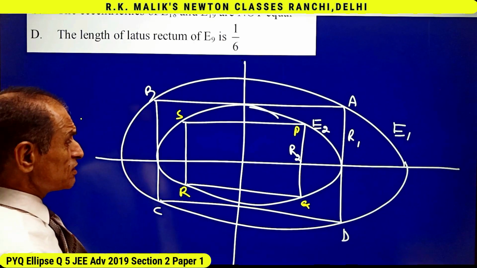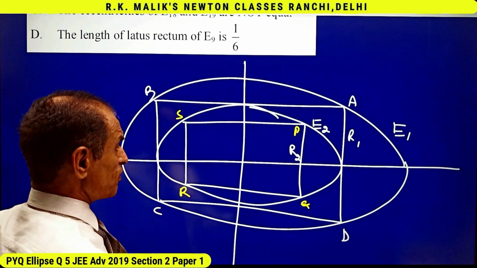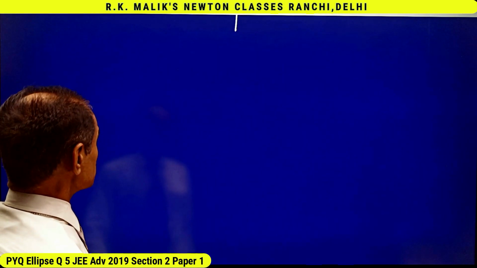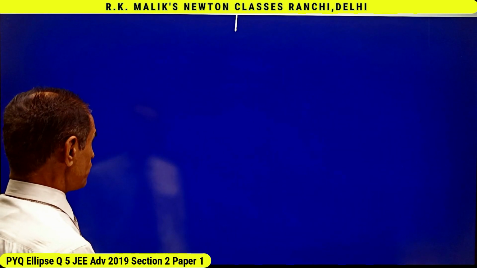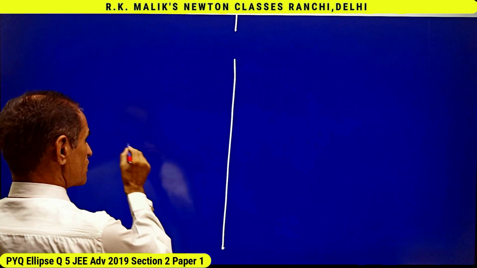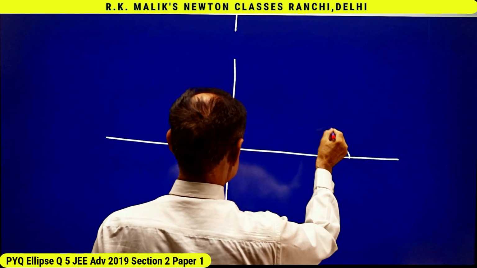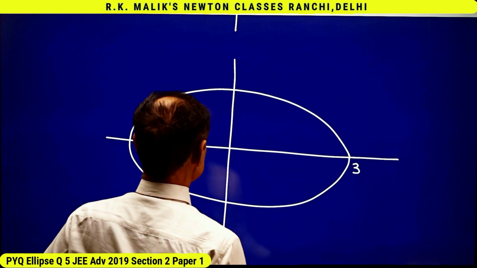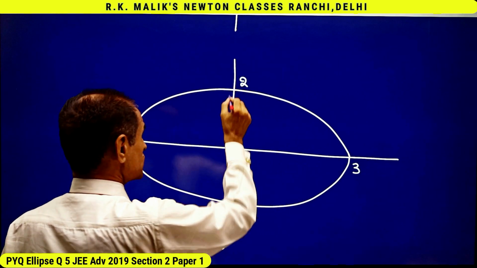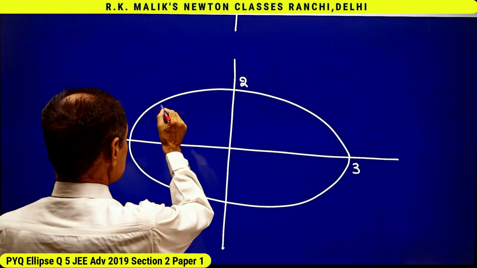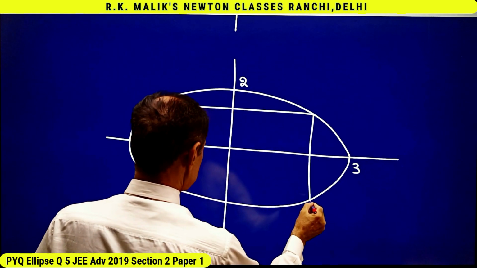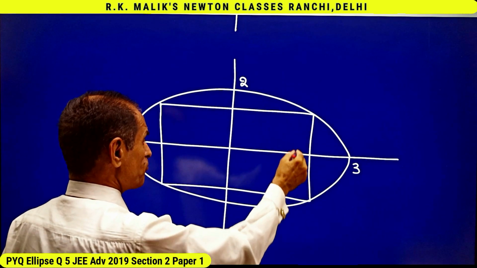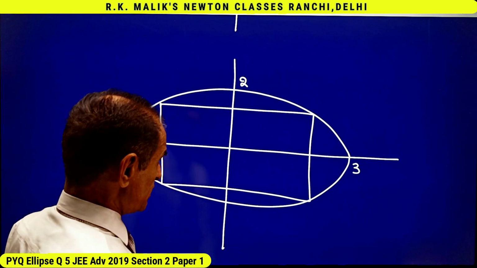Therefore, I find the total area of an infinite number of rectangles made in this way. For clarity, I am drawing the diagram once again. With x coordinate of this point 3 and y coordinate of this point 2, inside this I have made a rectangle and I want to maximize its area.